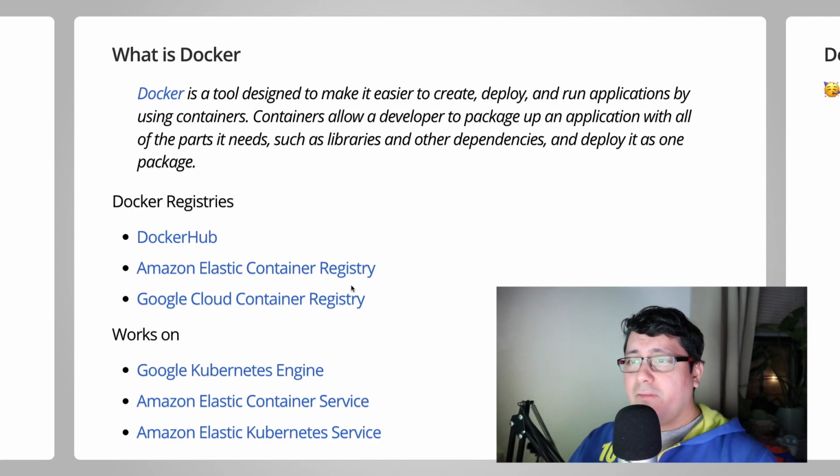But the idea is that these are third-party providers that allow you to host your own images, so you can refer to them when you're running either your continuous development or your continuous integration, or maybe when you're running your actual services that happen to be dependent on Docker images.